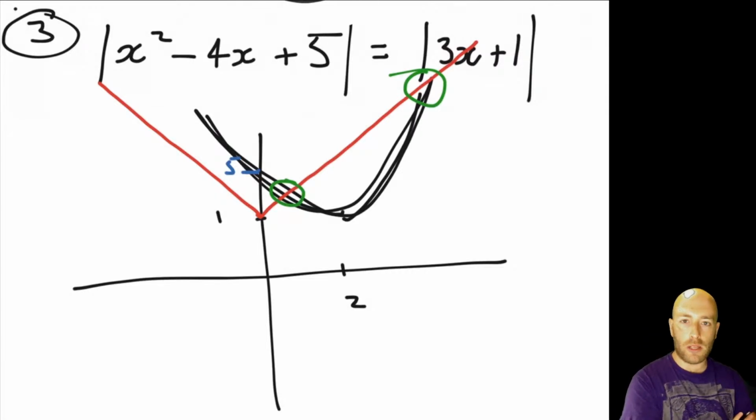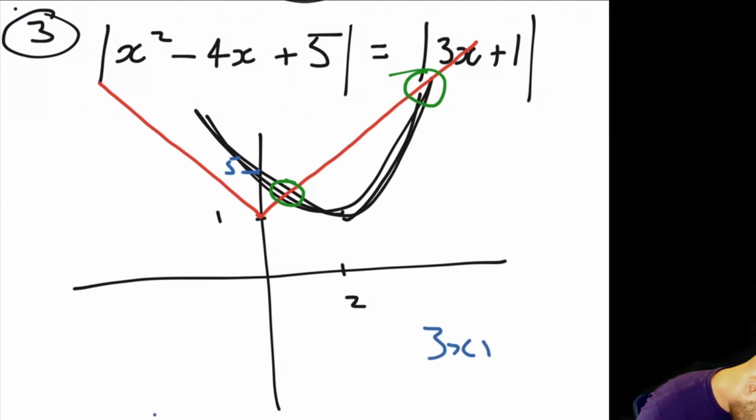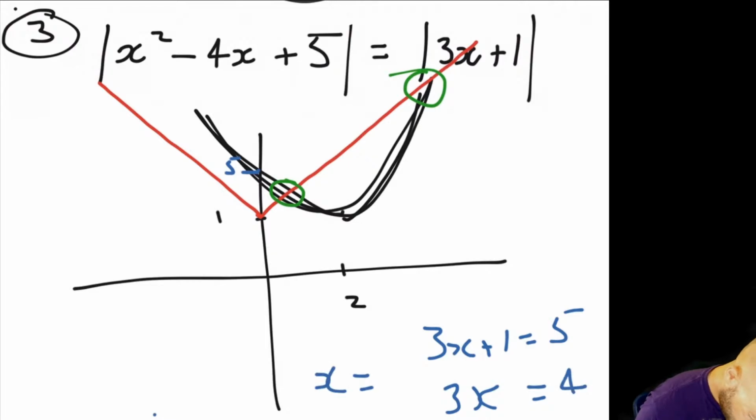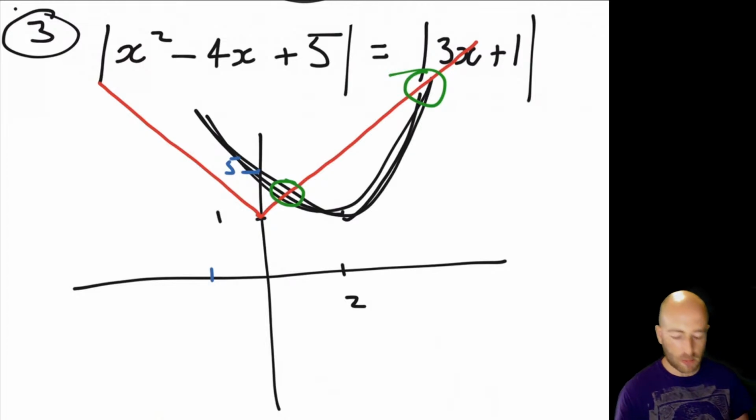So if we worked out when the line got to 5, say 3x plus 1, minus 4 over 3, it will get there. See, I don't think it's going to get anywhere near. Okay, so it looks like we've just got 2 solutions.